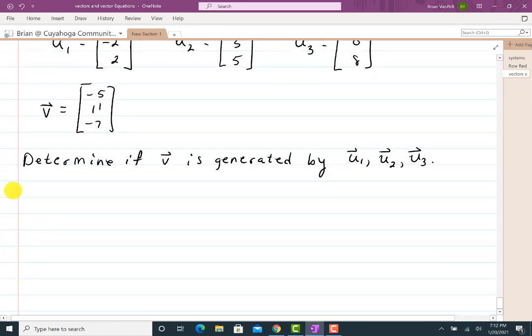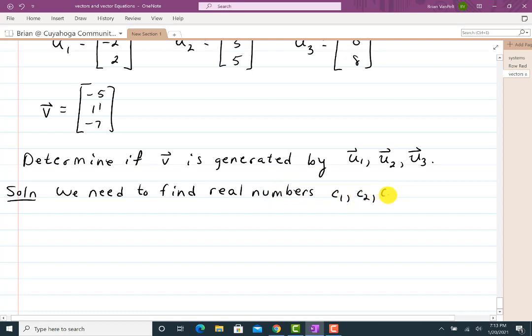Well, when I go to solve this, we need to find real numbers C1, C2, and C3 with V equals C1U1 plus C2U2 plus C3U3.